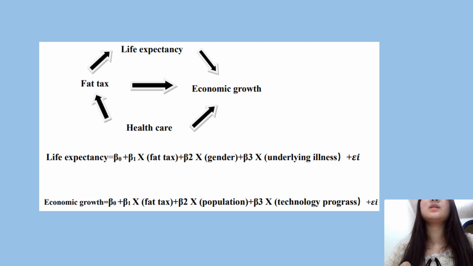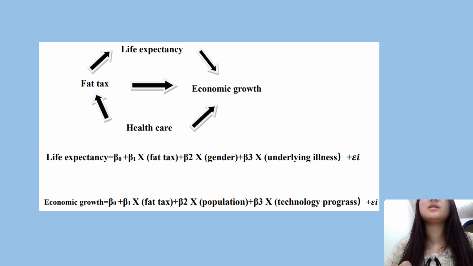In the second equation, we use the GDP growth rate as a measure of economic growth, and we hypothesize that the GDP growth rate is affected by the size of the population, technological advancement, the obesity tax and other factors, for example, the error term.